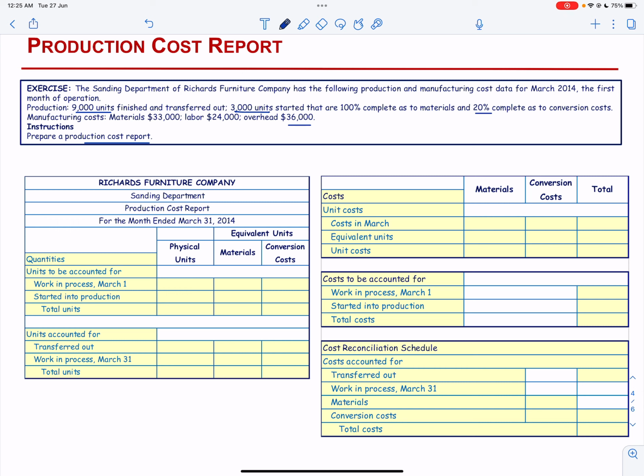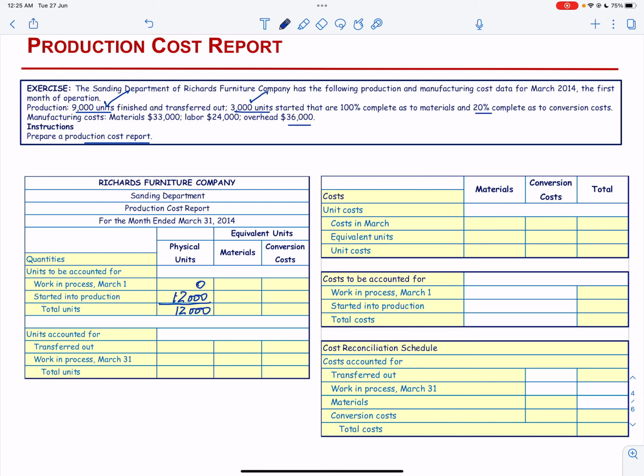So that is how we are going to prepare. We are going to look into the quantities, and the work in process on March 1 in our exercise is 0. And then they have started into production, and that is 9,000 and 3,000. That makes 9 plus 3 is 12,000, and the total units are going to be 12,000.